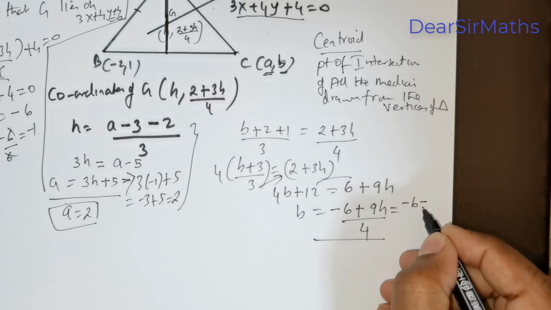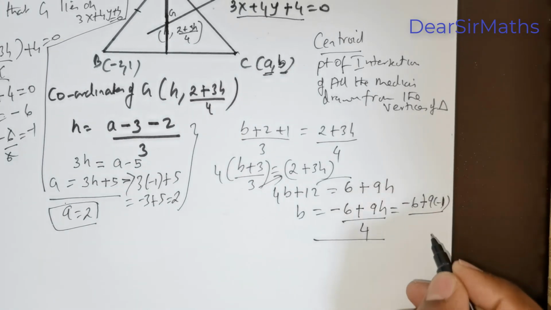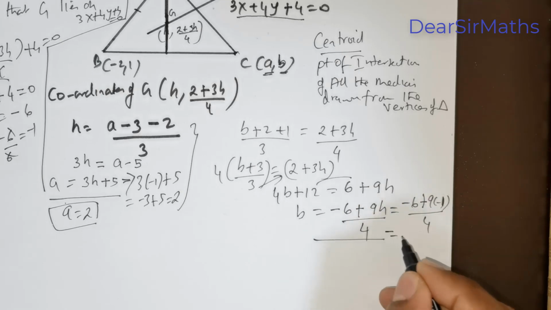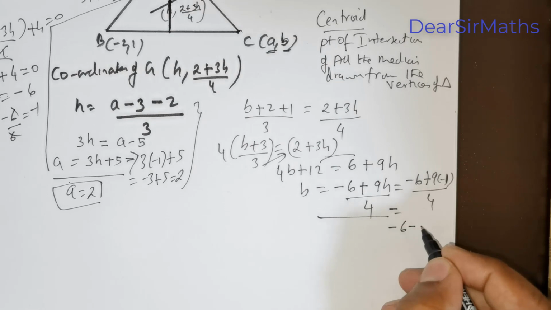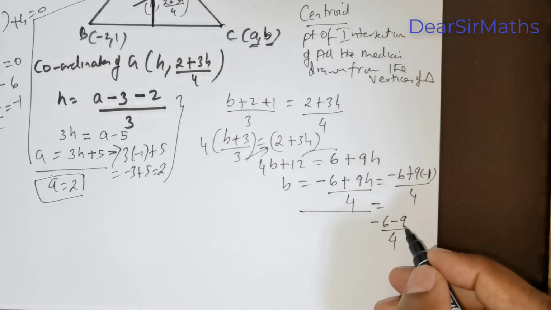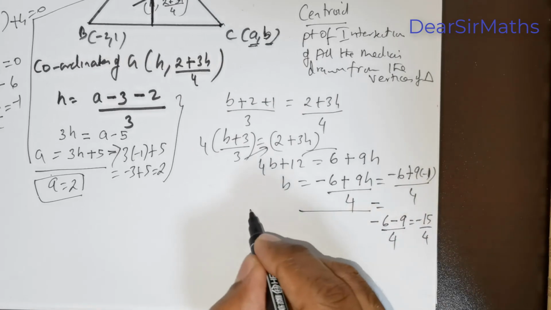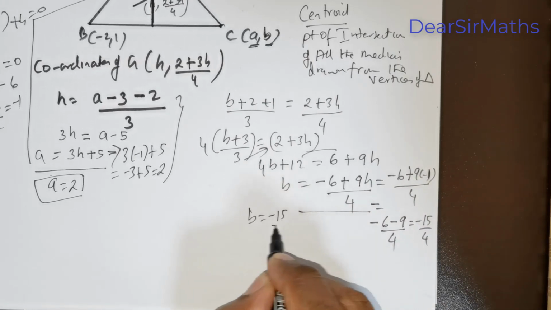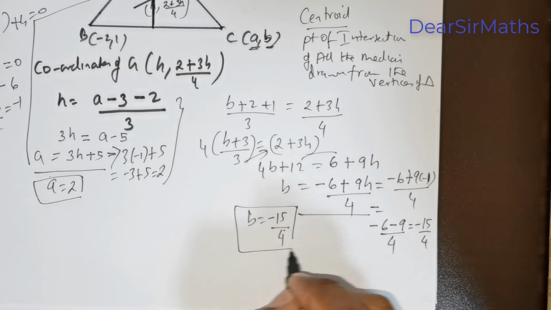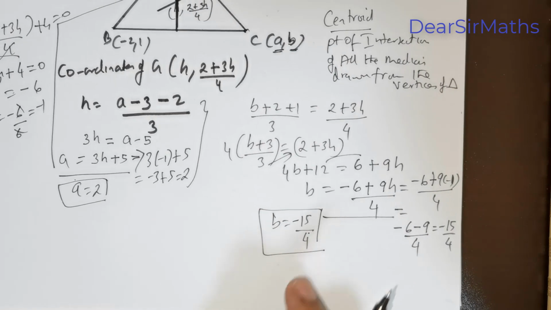So (-6 + (-1)) ... this is going to be (-6 - 9)/4, and this is going to be -15/4. So the value of b is -15/4. So I've got the value for a and I've got the value for b.